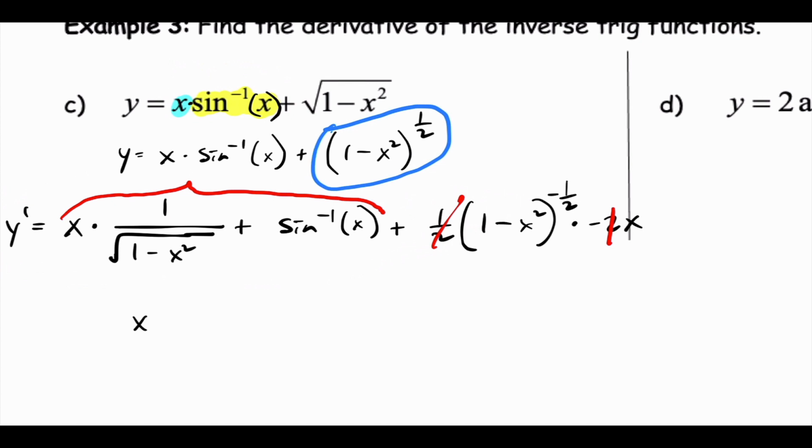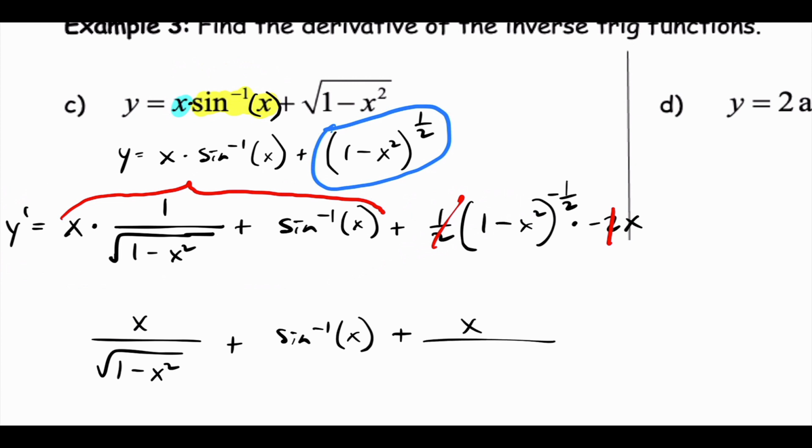So I get x over square root 1 minus x squared plus this guy, plus x over 1 minus x squared. Oops, sorry, there's a negative there.